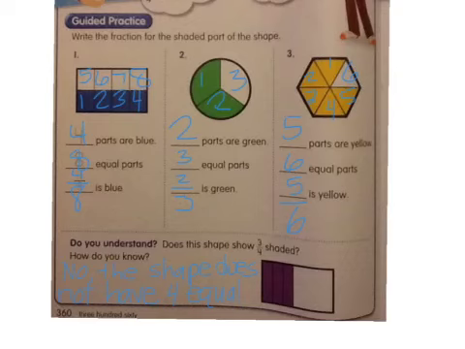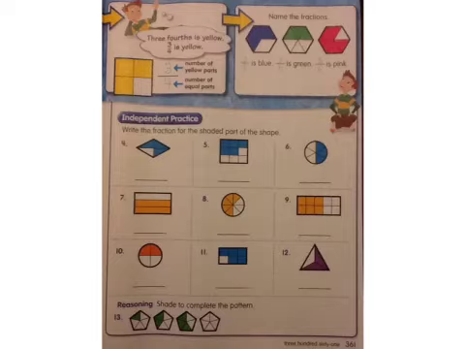I'll have to move it up a little bit and put parts down here, because I'm writing on the iPad and you're writing on the paper, so you should be able to fit it all on that space there. Okay, so let's review that one more time. Does this shape show 3/4 shaded? No, it does not, because the shape does not have 4 equal parts.